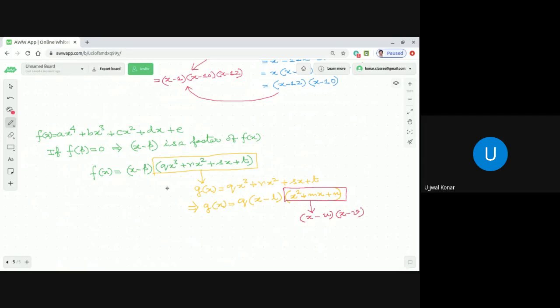After that you join all these things, and finally the factorization of f(x) you are going to get is q into x minus p into x minus l into x minus u into x minus v. Correct, dear students?